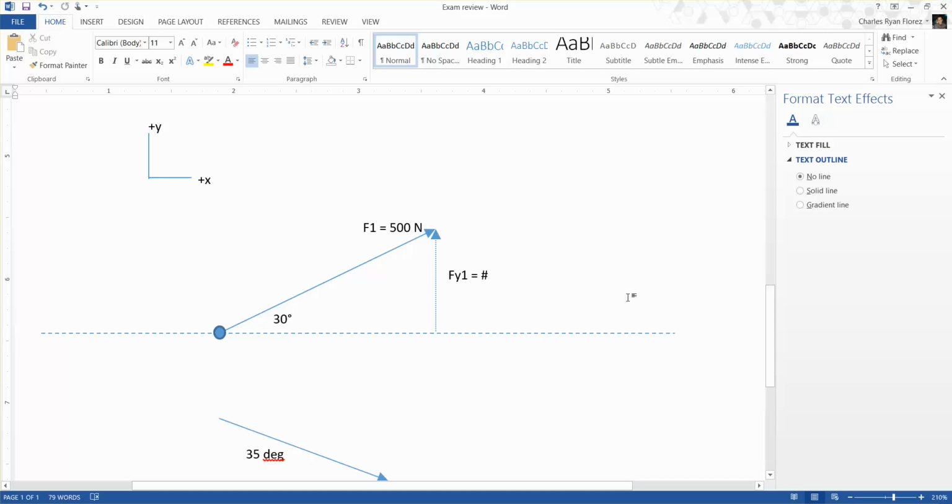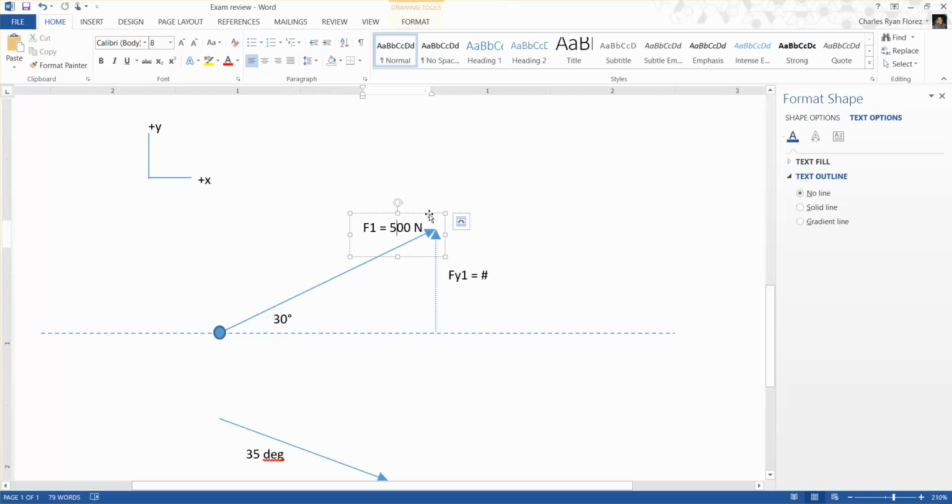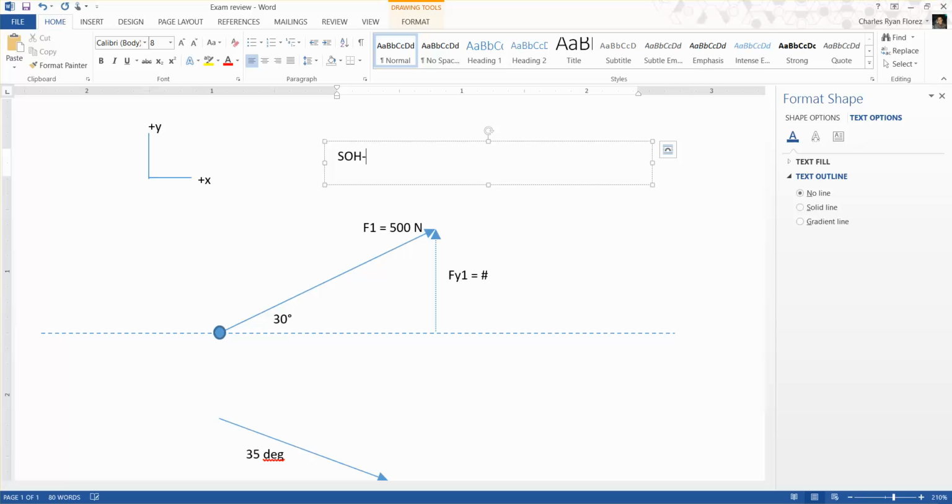But here is where we need to determine what exactly we're going to use. We're going to use this 30-degree angle and also trigonometric functions. What would be useful to us right now is SOHCAHTOA.